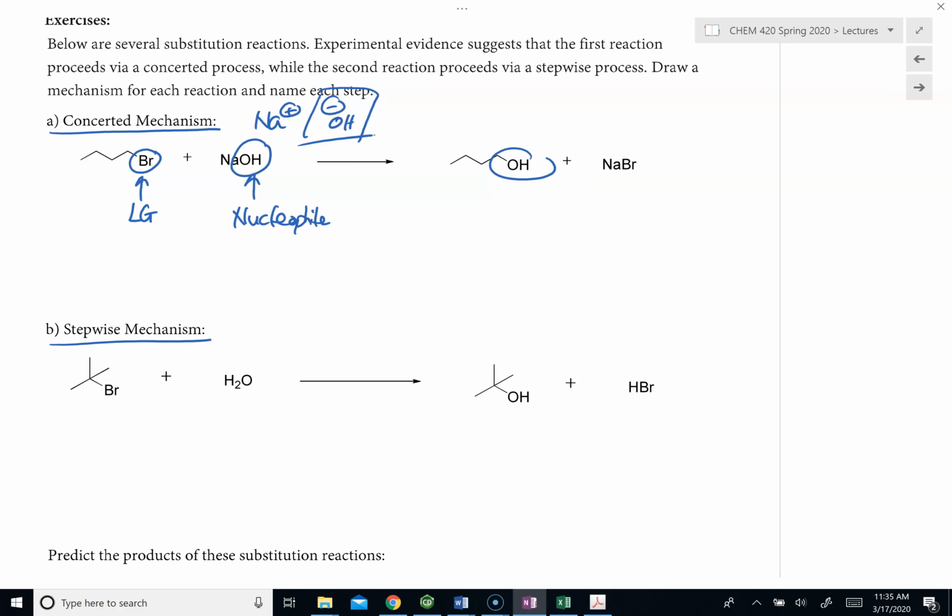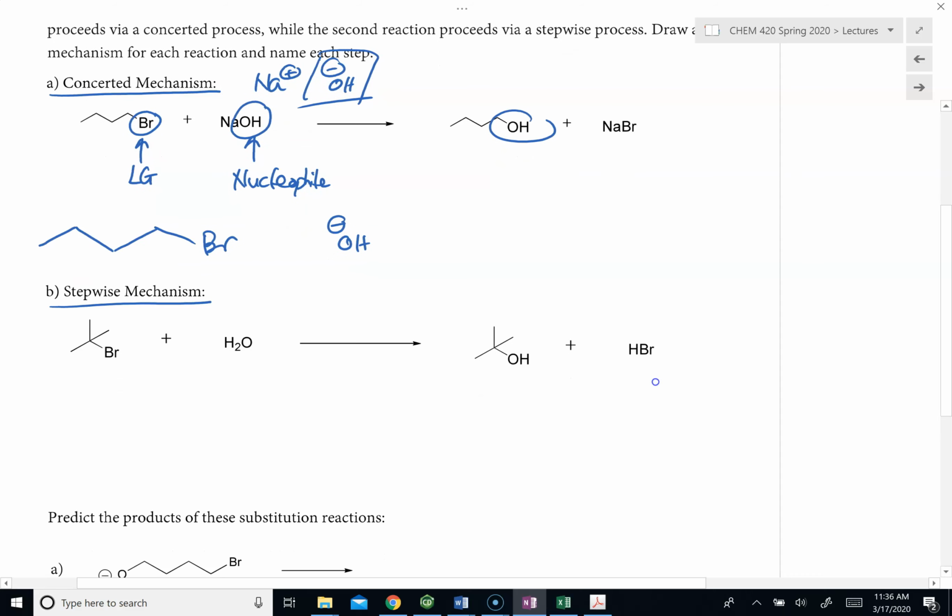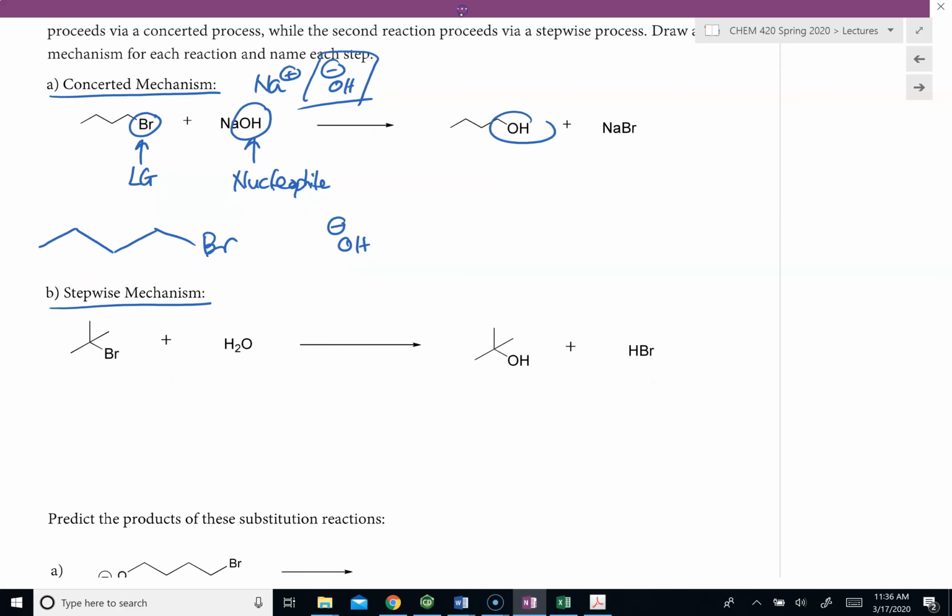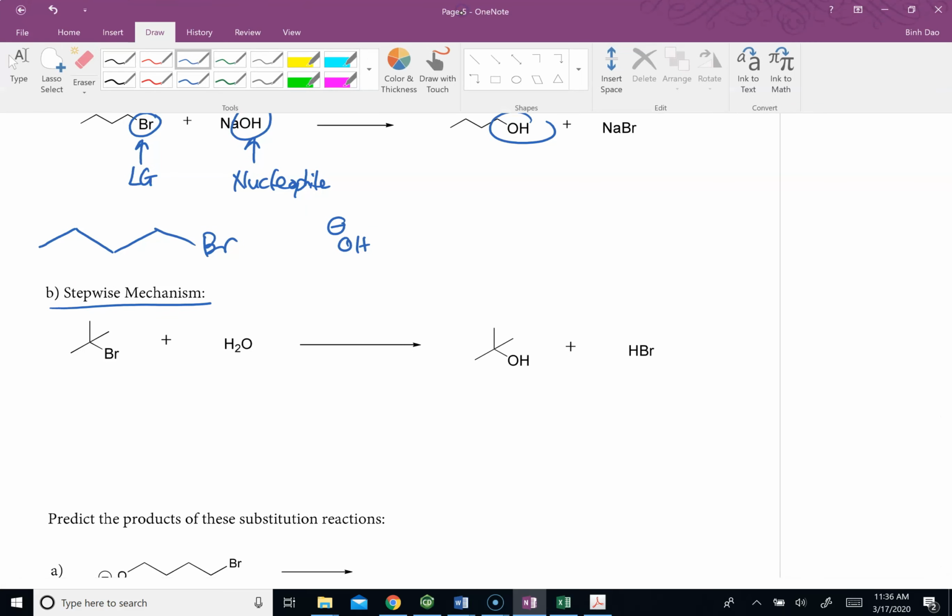Because we've been told this is the concerted mechanism, the nucleophilic attack and the loss of the leaving group happen simultaneously. So let's draw this molecule again and draw its mechanism. I will ignore the sodium because it has already broken off.